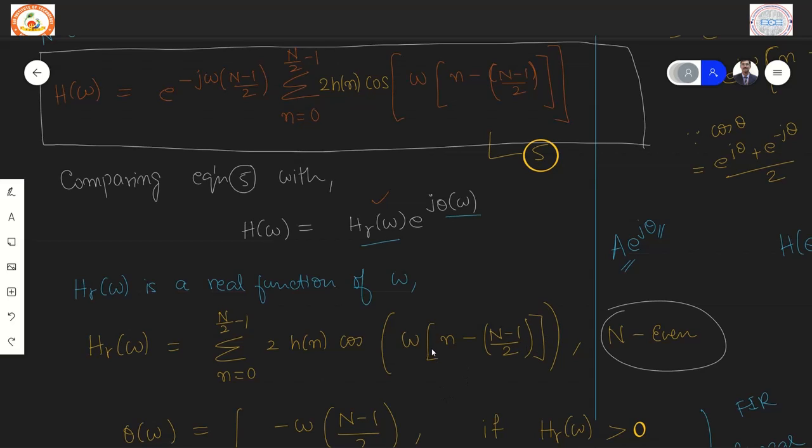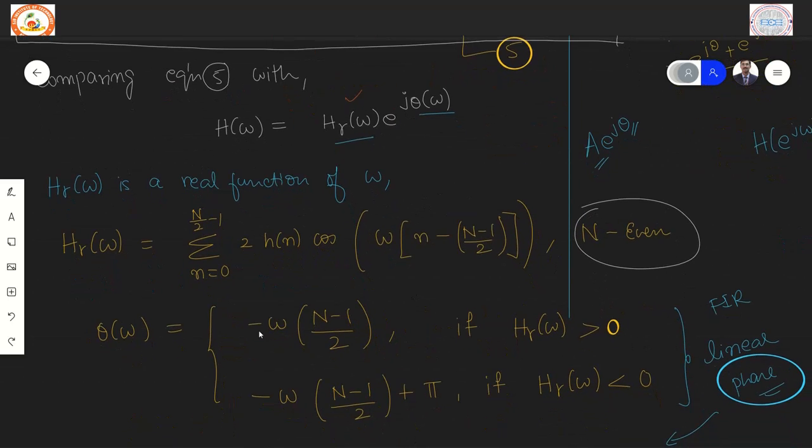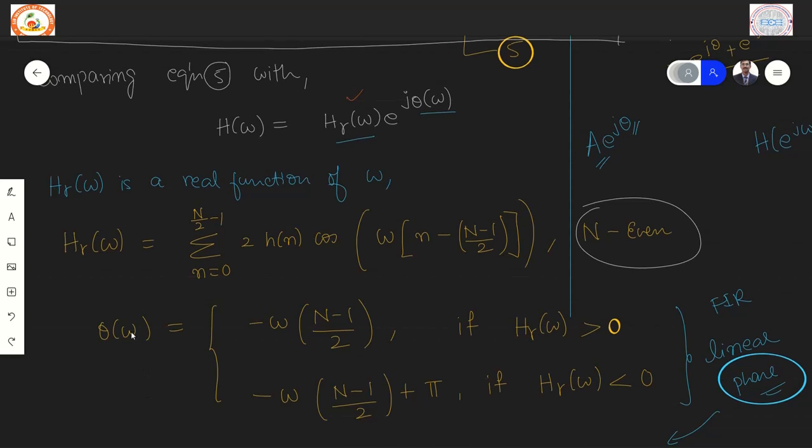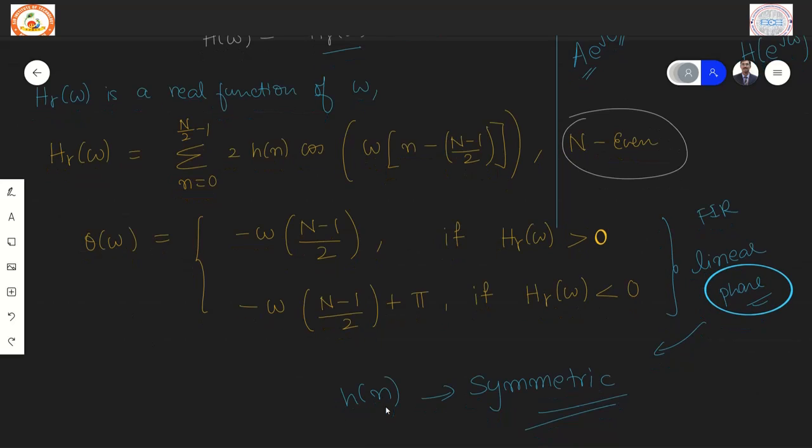And theta of omega, which is the phase, is given by minus omega (N minus 1) by 2 for the magnitude of Hr of omega more than 0, and if it is less than 0 or negative, then we have to add an extra pi here. Now from this relationship for the phase, we clearly observe that these relations are linear. Hence, we have proved the fact that if h of n is symmetric about its midpoint, then you will get a linear phase response.